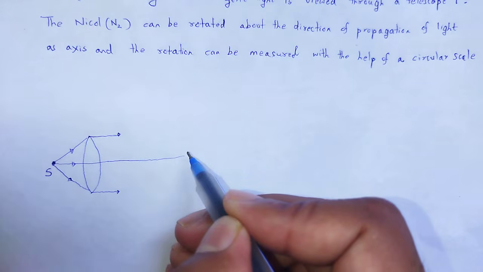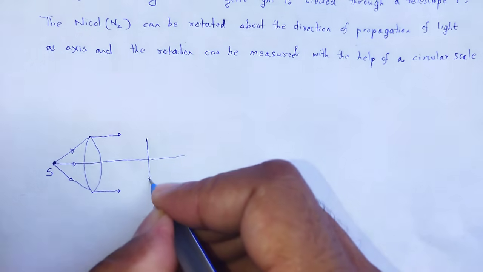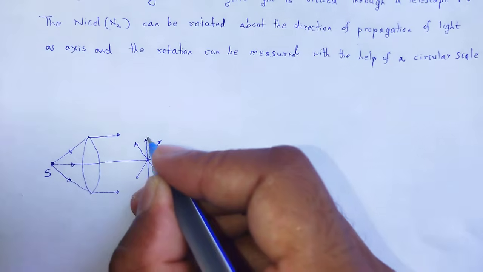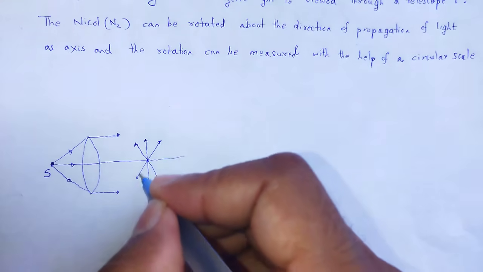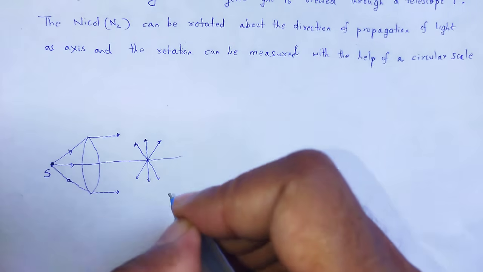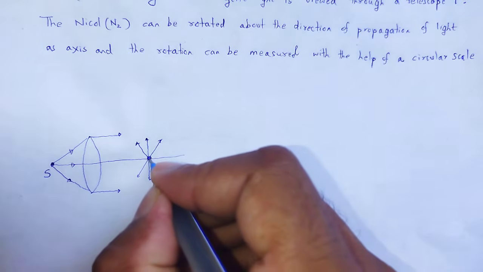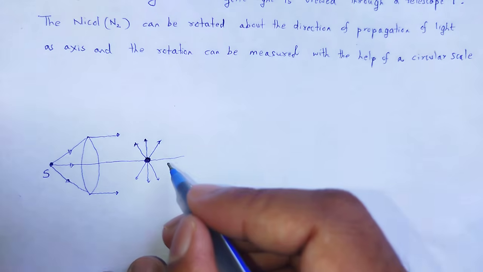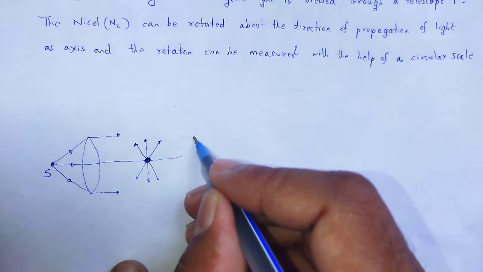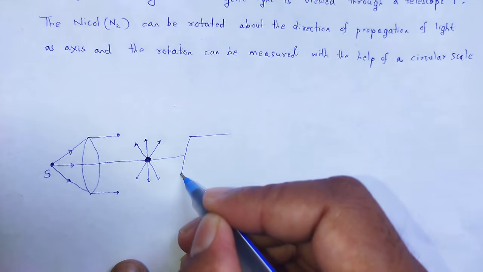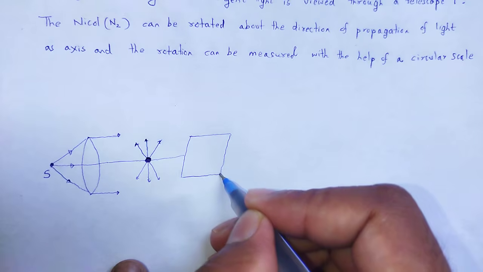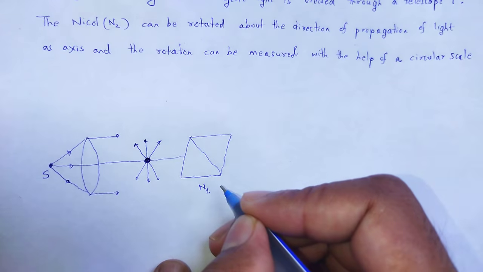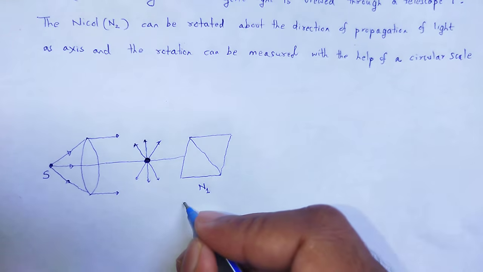Here we see unpolarized light, where the arrowhead represents the vibrations parallel to the plane of the paper, and the dot represents the vibrations perpendicular to the plane of the paper, which is passed through a nicol prism N1, which acts as a polarizer.